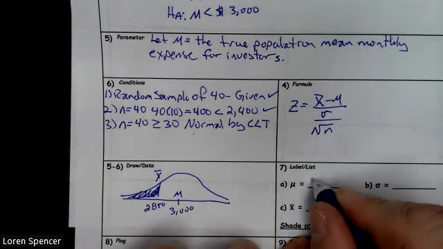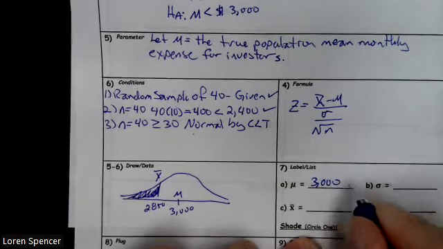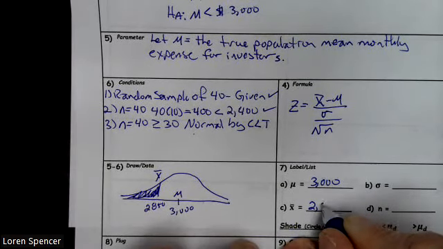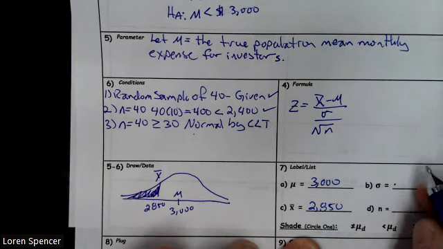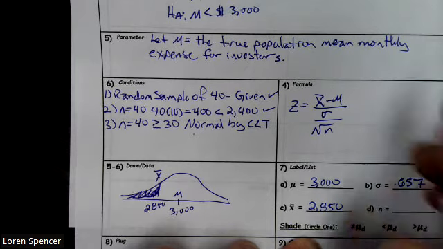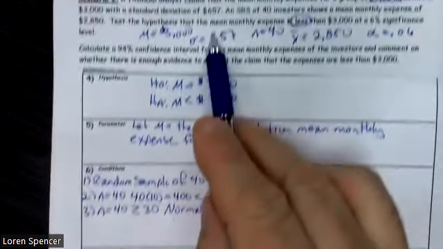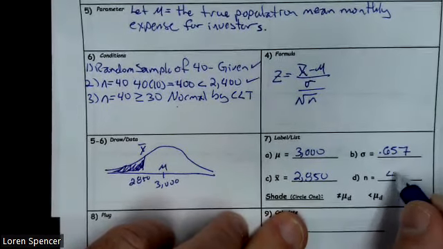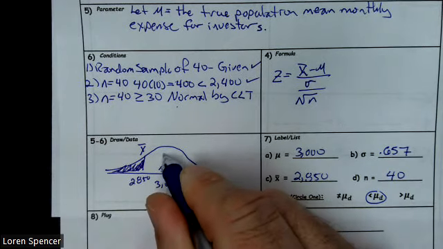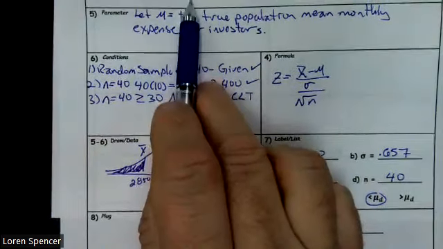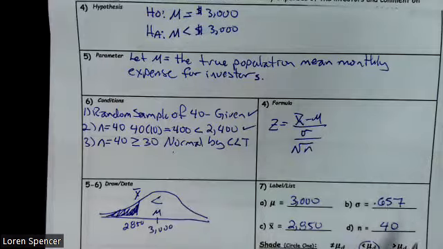So if my mean is 3,000, my x bar is 2,850, my standard deviation is 657, right there. And my n was a sample size of 40, and we said it was a less than, because that's what our alternative hypothesis indicated.